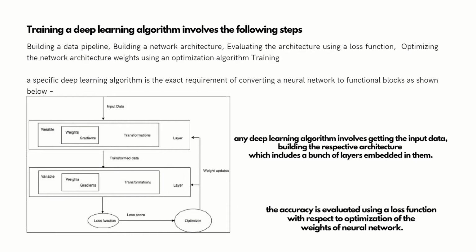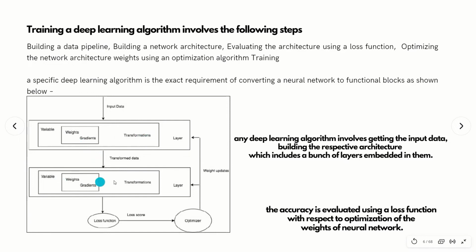Okay, so if you can see this diagram in front of you, it's very simple. There is input data, and then these are the layers in which the required transformations are performed. So there are weights and gradients involved. We'll discuss these concepts later on, how they work.